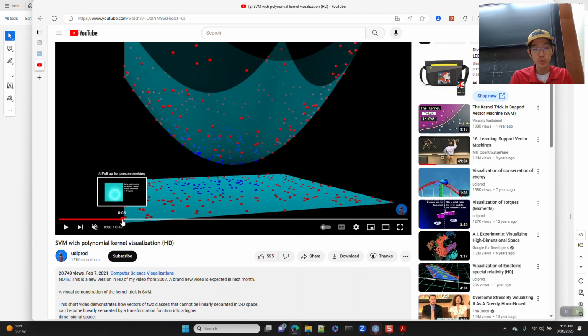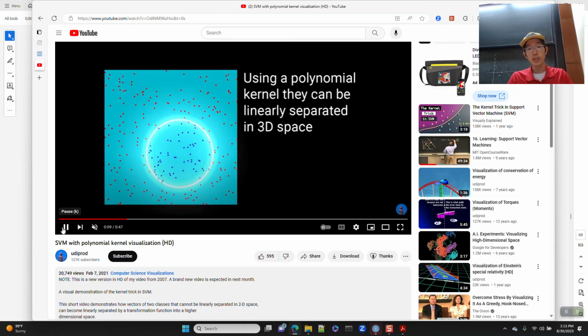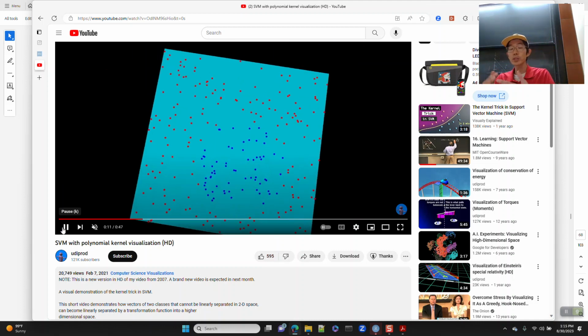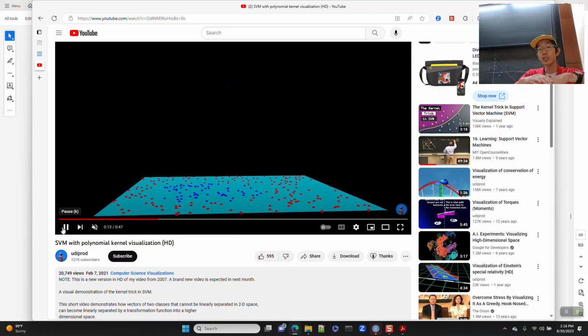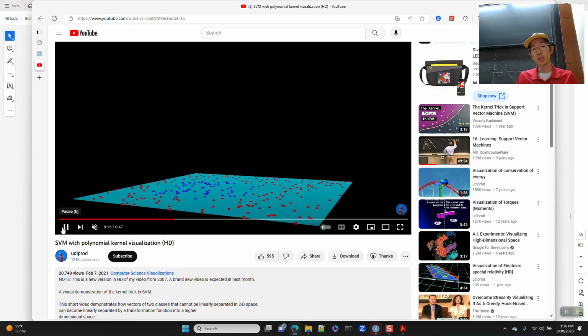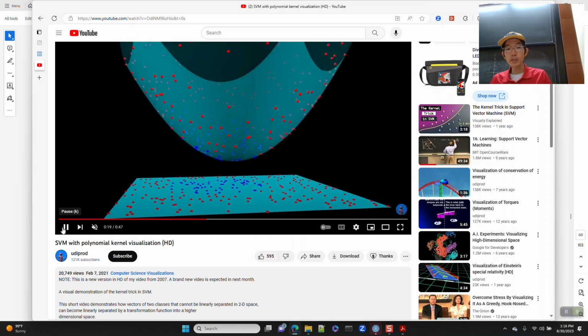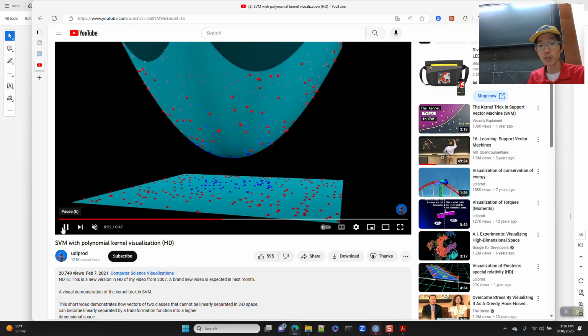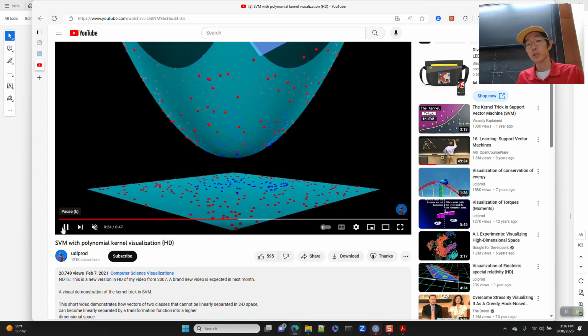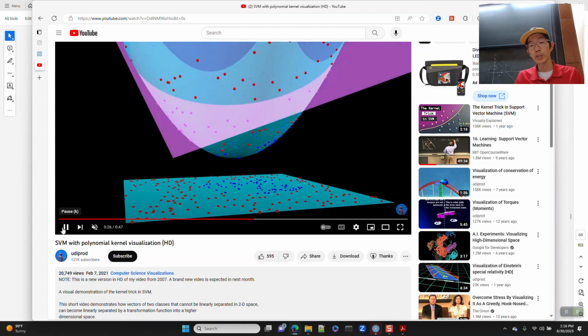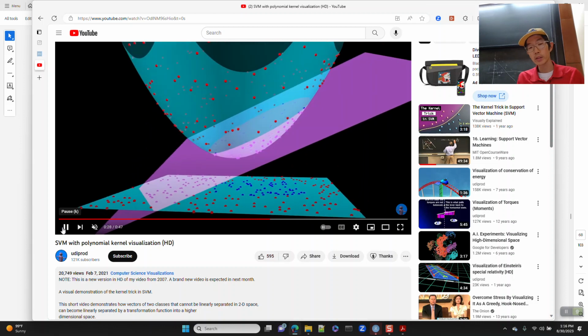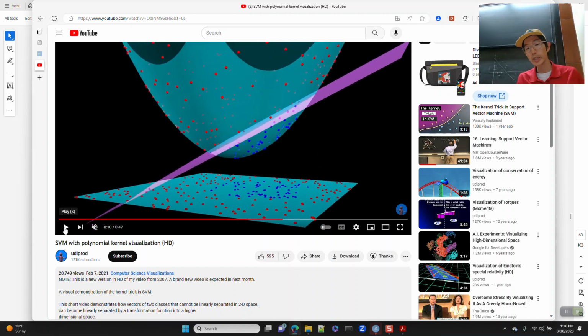So we have the two-dimensional data, and we transform it using that phi function into a higher dimensional space. Now that it exists in a higher dimensional space, we can find a plane, a linear hyperplane, in this three-dimensional space that is able to separate the blue from the red.